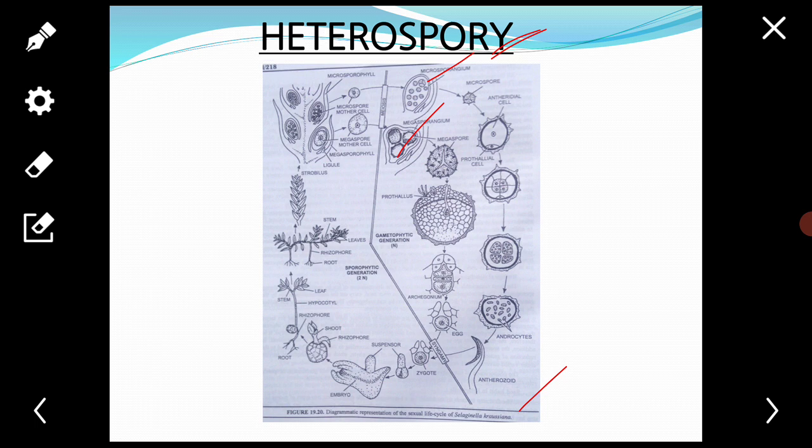In the microsporangia, all the microspore mother cells undergo meiosis and form the microspores. Therefore, they are produced in large numbers and their size also remains small.